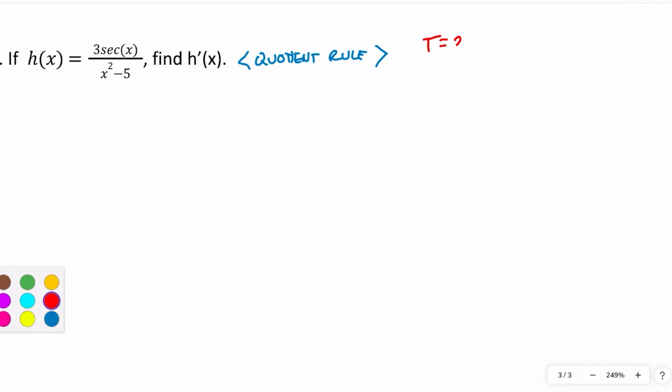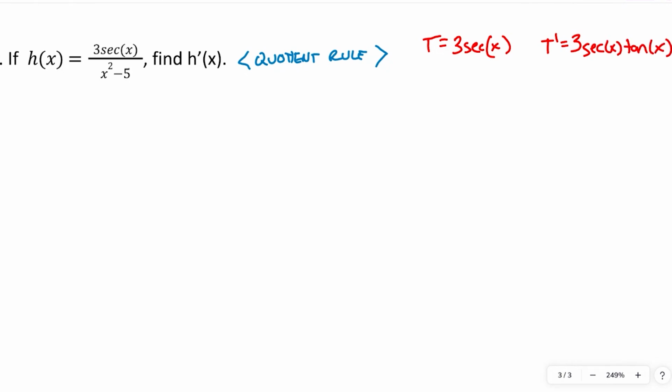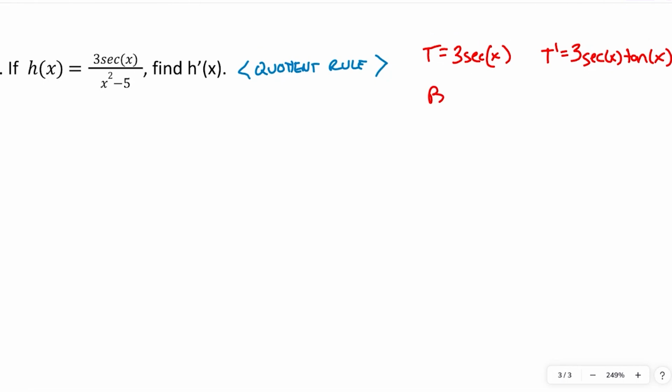The top is 3 secant x, and the derivative of that is going to be 3 times secant x tangent x. The bottom function is x squared minus 5, and the derivative of that is 2x.